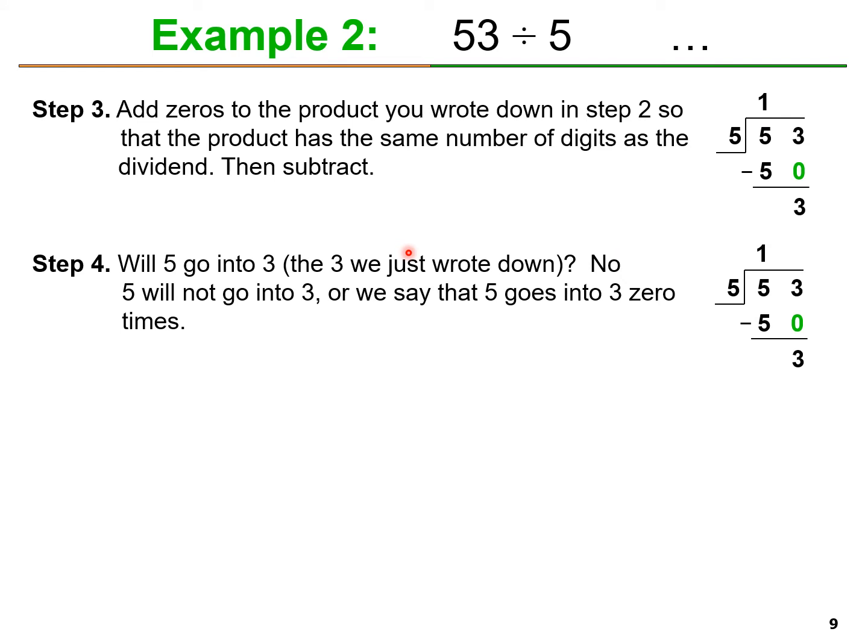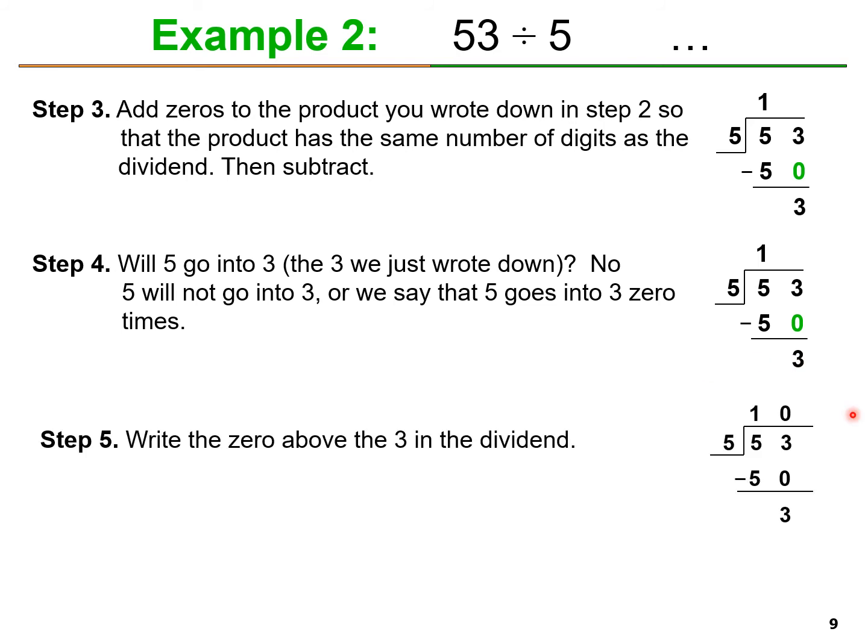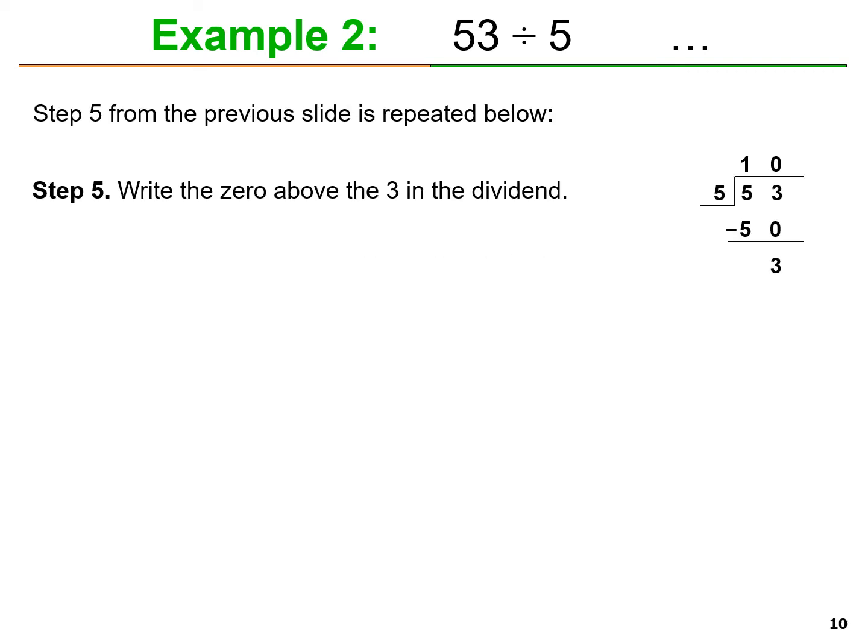Okay, so back to step 4. 5 will go into 3 0 times. So write the 0 above the 3 in the dividend. So put the 0 here. Now, step 5 from the previous slide is repeated.